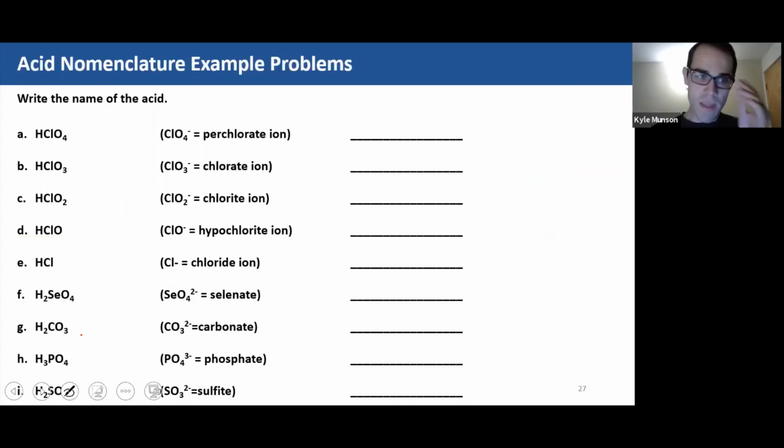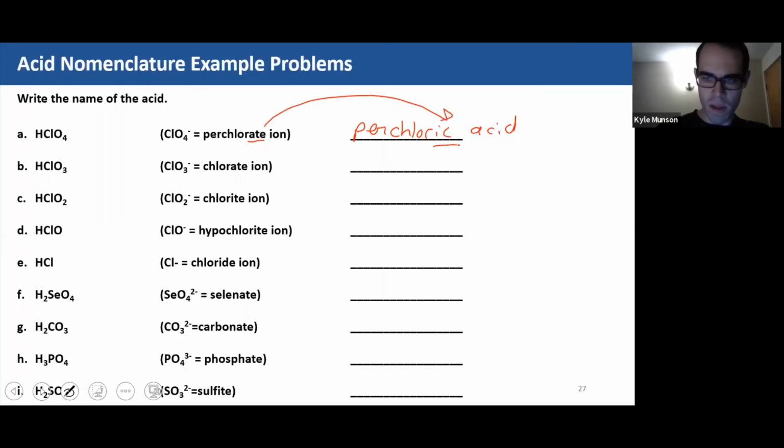Okay, so let's do this together. So this guy is a perchlorate ion. So remember, it's an oxyacid, and that means the ate ending gets changed to ic. So this is going to be perchloric acid. Okay, this is a chlorate ion.